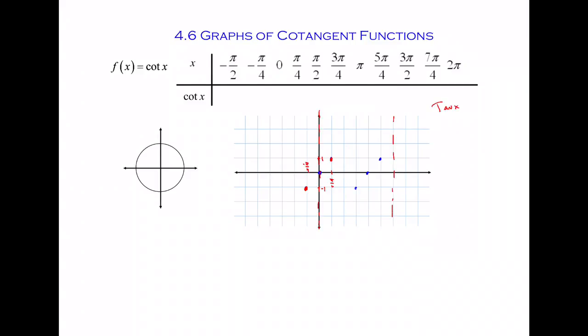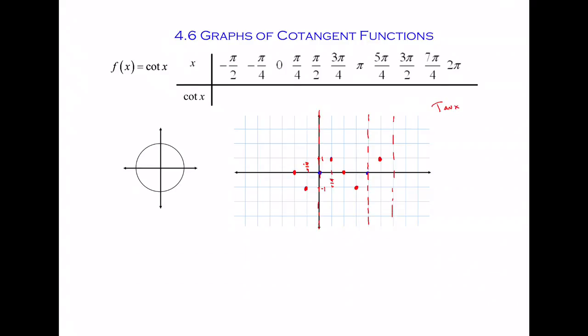These are now points of 0. And so you can see here at negative 1 it stays, that's the reciprocal. And at 1 it stays. But then when tangent was 0, cotangent will be undefined.